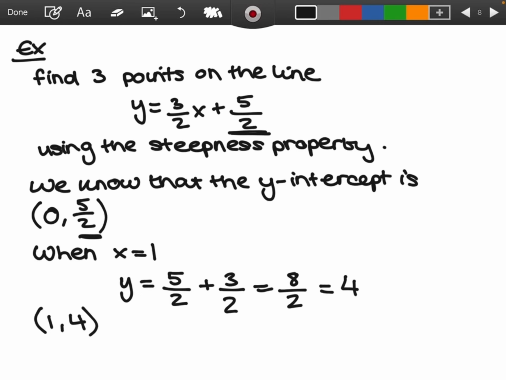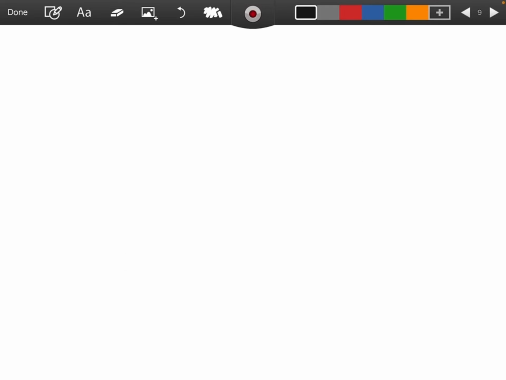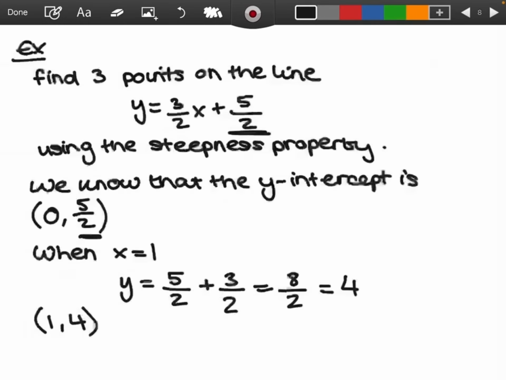Let's do another one. I'm currently at x is equal to 1. I'm going to move over to the right again by 1 point, so I'm going to move over to x is equal to 2. Again, I'm going to use my steepness property. I'm currently at a y value of 4.